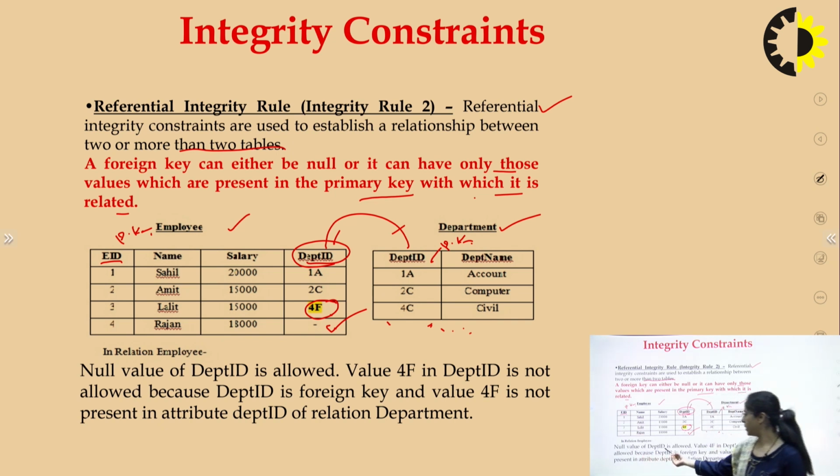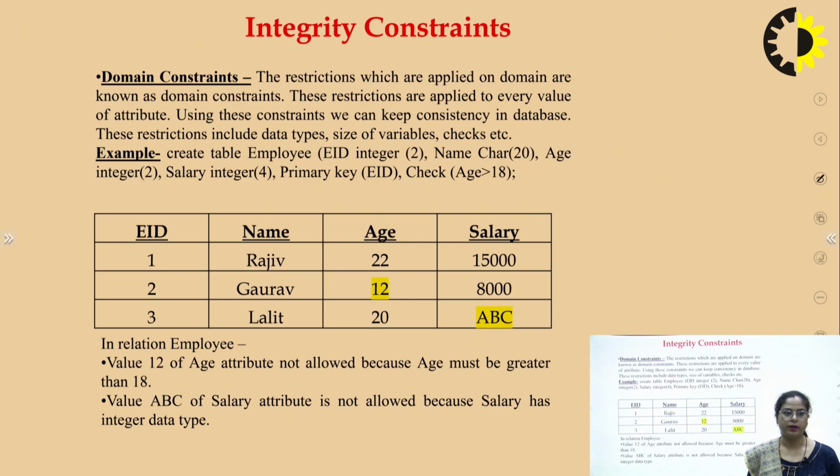Null value of department ID is allowed. Value 4F in department ID is not allowed because department ID is a foreign key and value 4F is not present in the attribute department ID of the relation department.